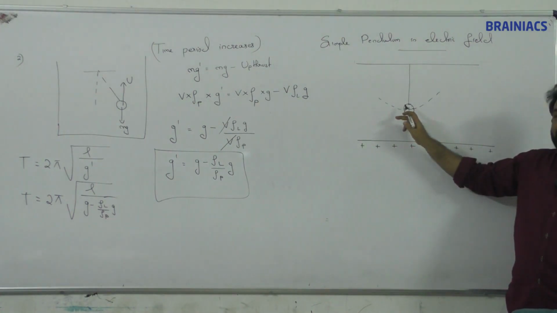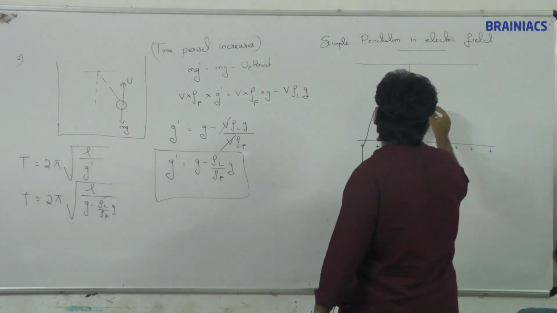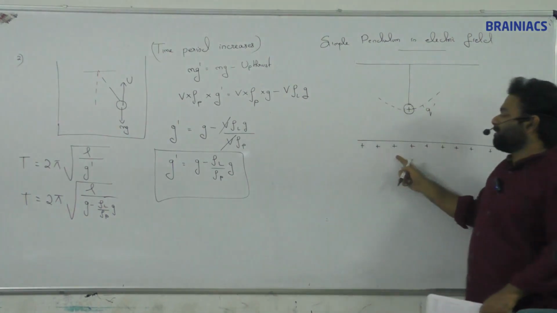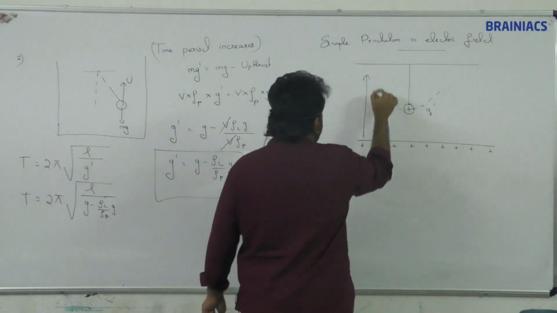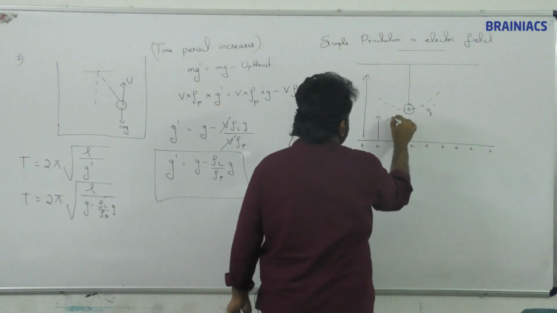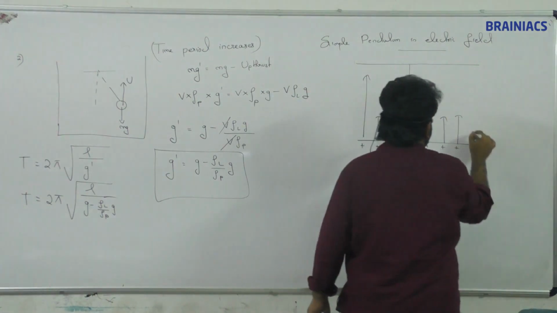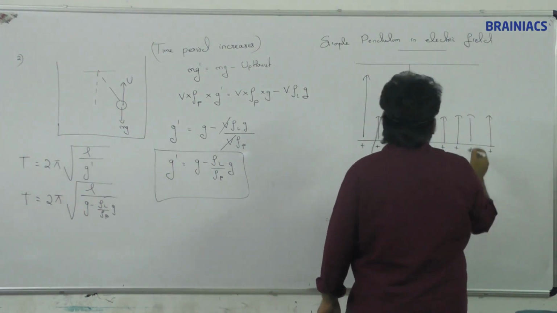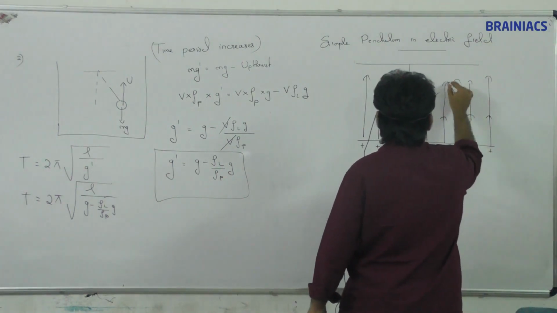we will be putting a charged mass, and its charge is going to be Q. Now if positive charges are kept like this, what will happen? The electric field will be acting in this direction. So what will be the force experienced by this mass?